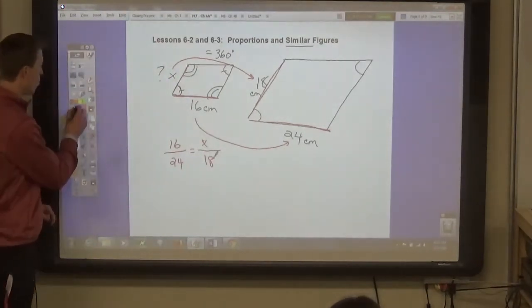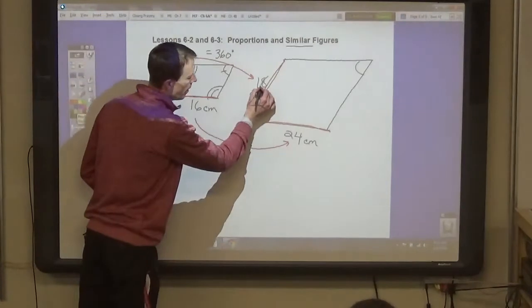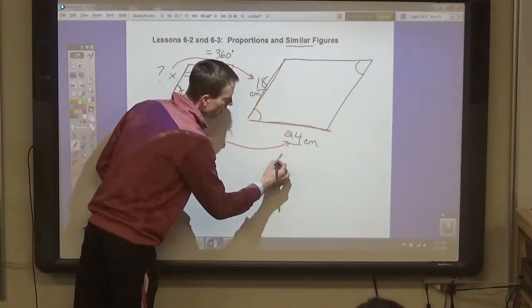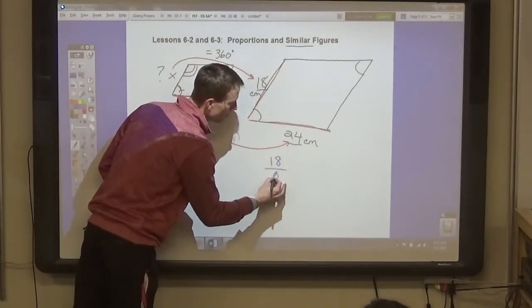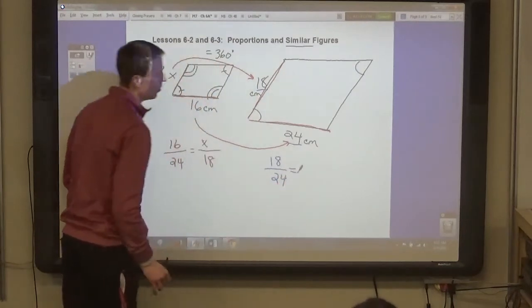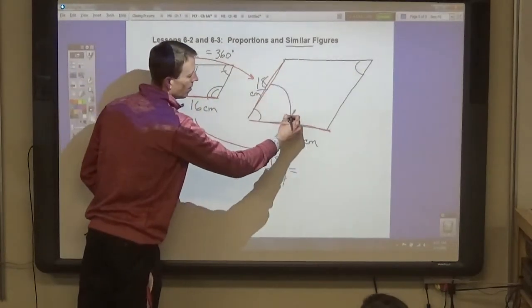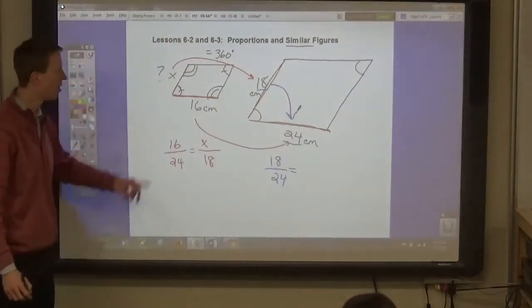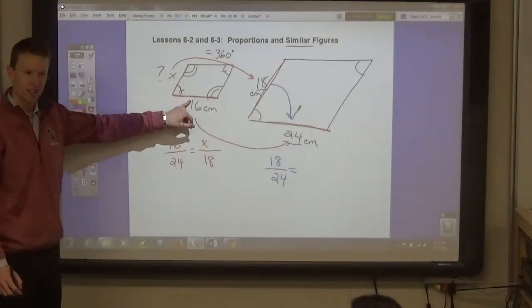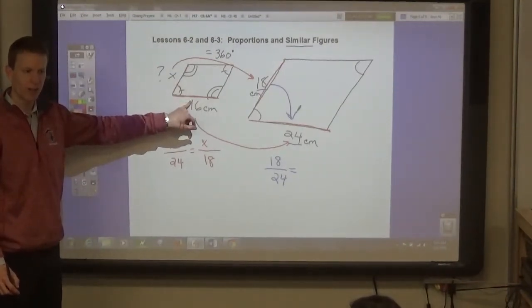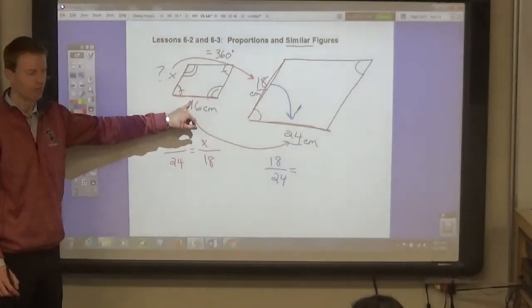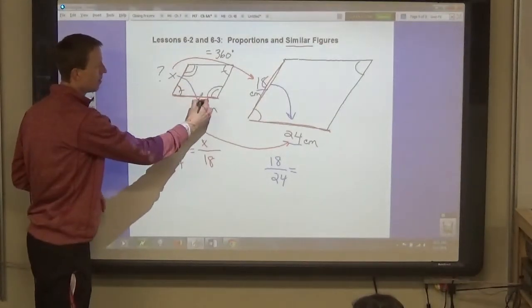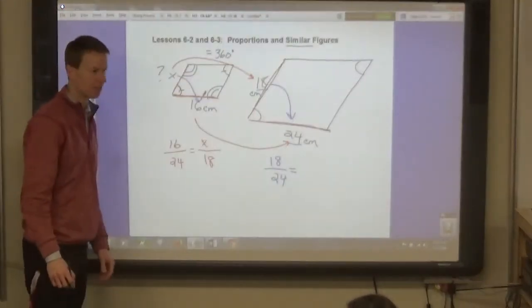What if we wrote it this way? 18 over 24 is equal to, can we write it that way? No. X over 16.